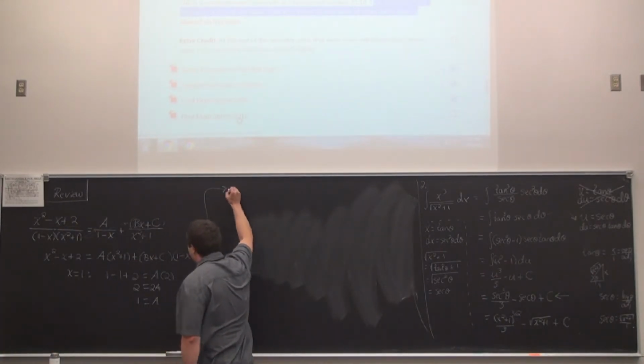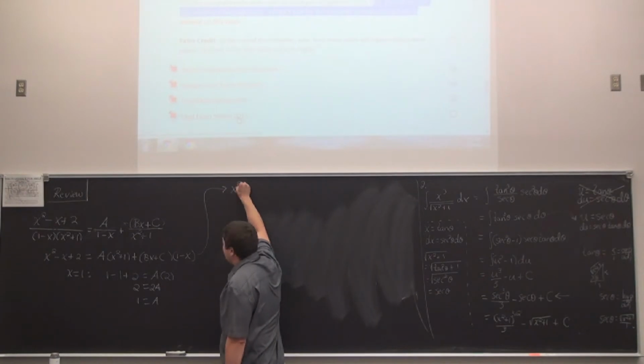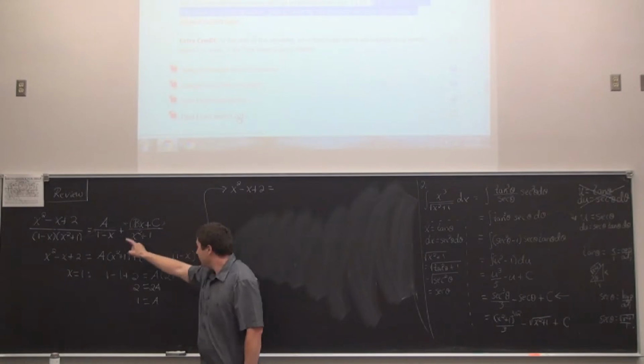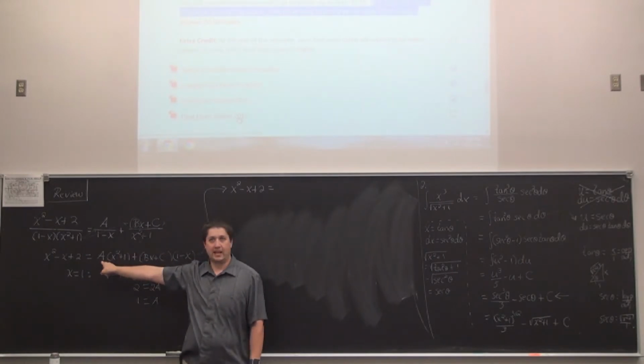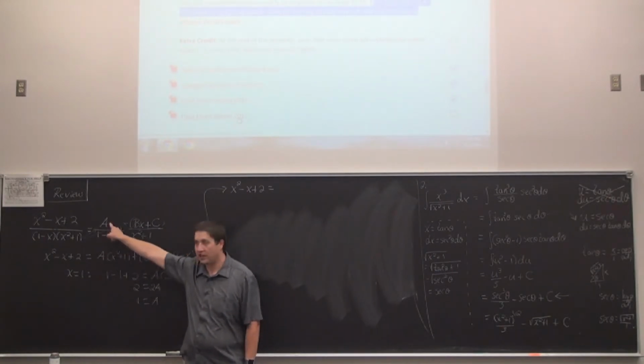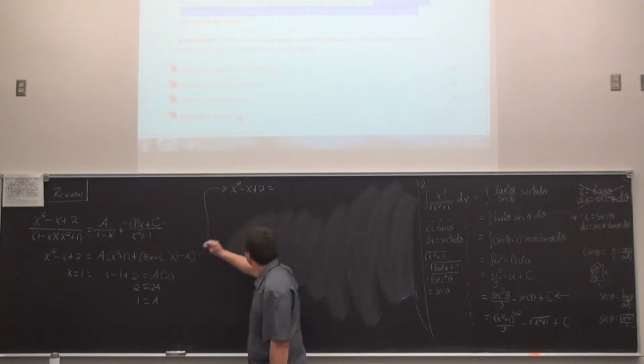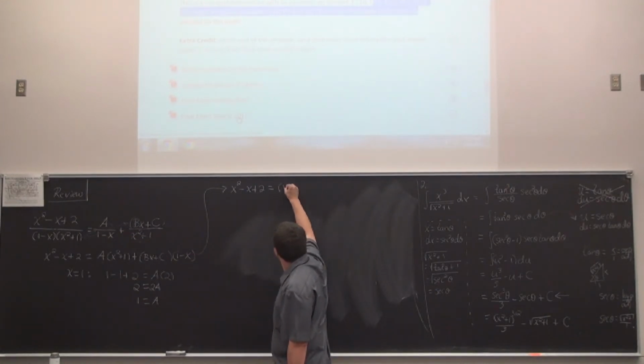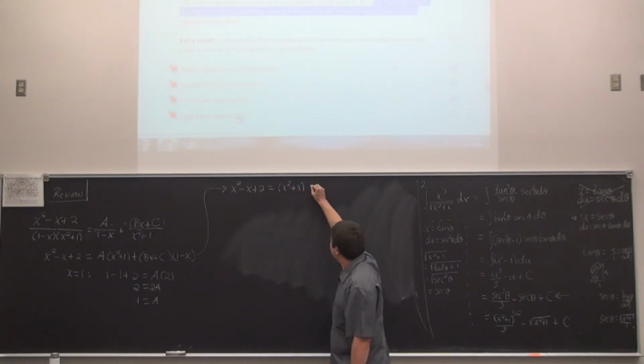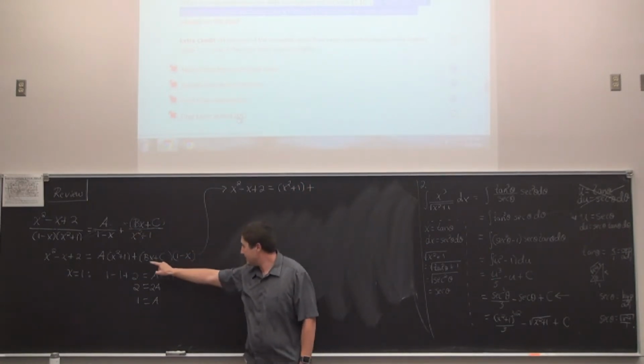And this is now equating coefficients, where we'll say x squared minus x plus 2 is equal to, A is now 1 everywhere you see A on the chalkboard, so it's 1 times x squared plus 1, so it's just x squared plus 1 there, plus, I'll drop the parentheses next.